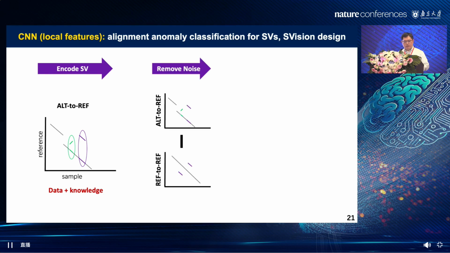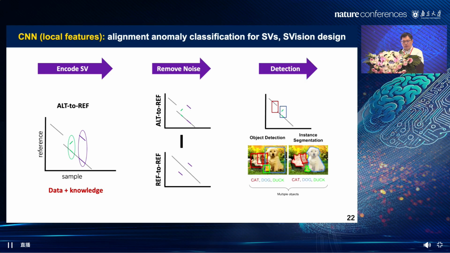And secondly, once we have the reference-to-reference alignment, this plot only contains the background repetitive signature. The top image is the mutational signature plus the background repetitiveness. So we subtract these two images, and then we get a very clean sequence similarity image containing only the information about the mutant.